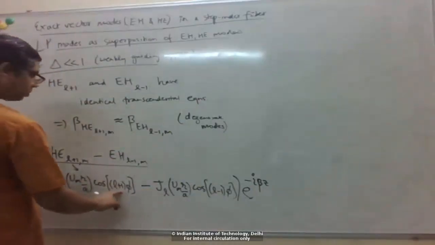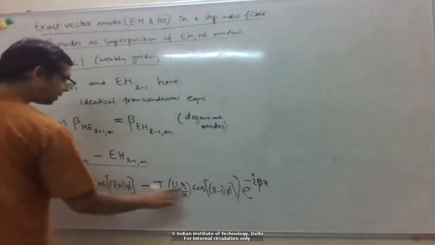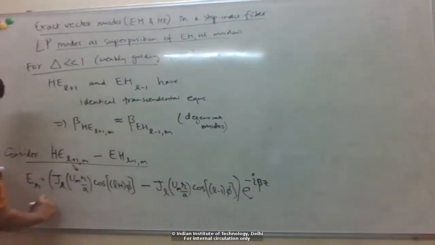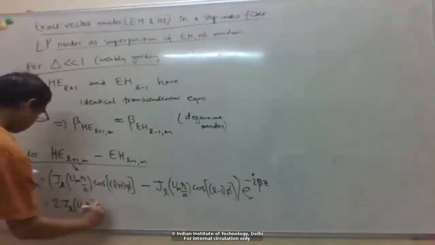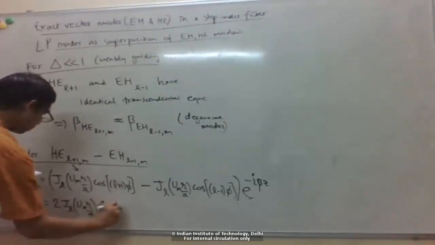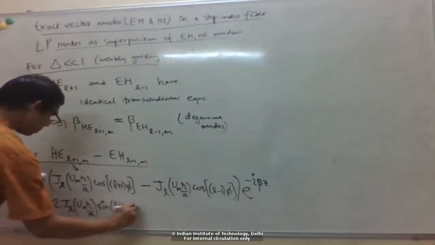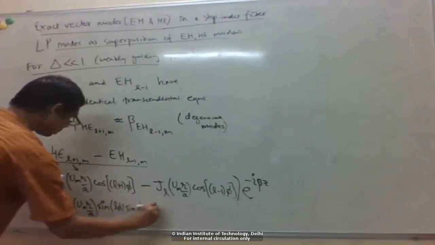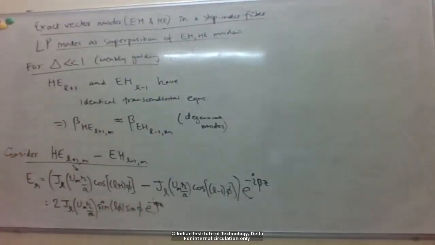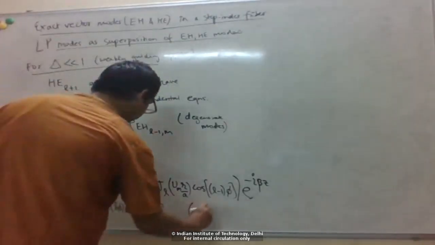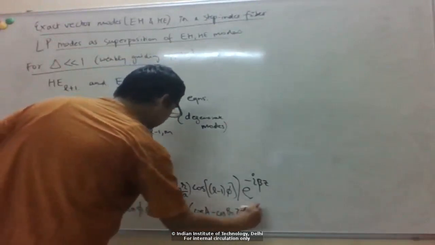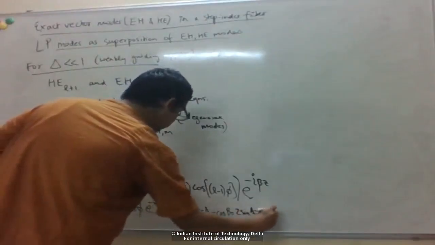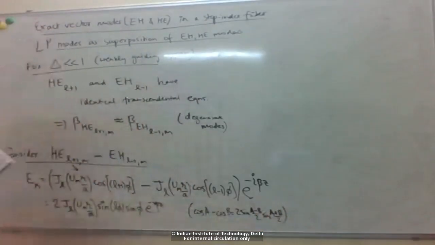And then we can use the cosine addition rule here, cos A minus cos B, to get, okay, we've used that trigonometric identity.